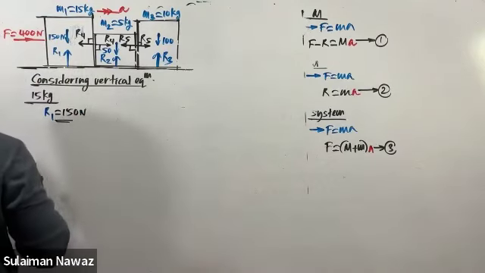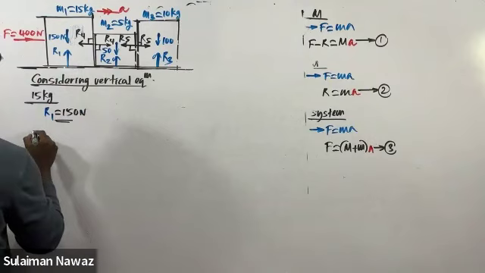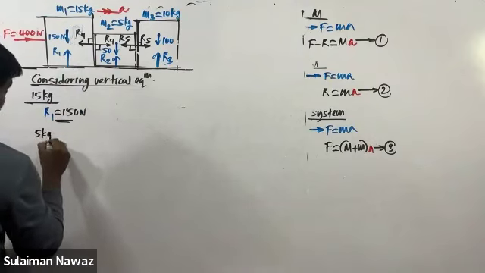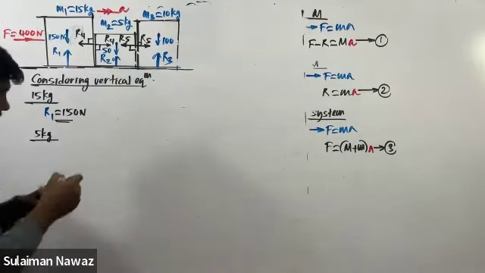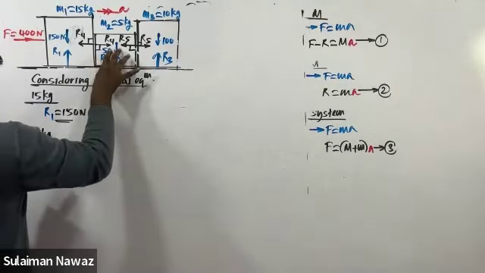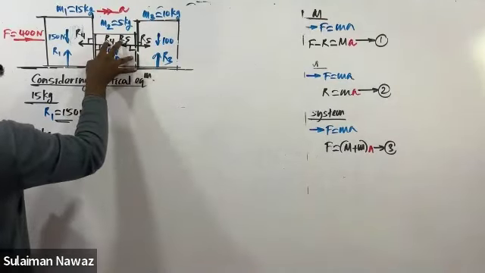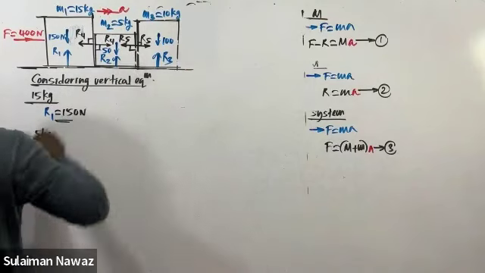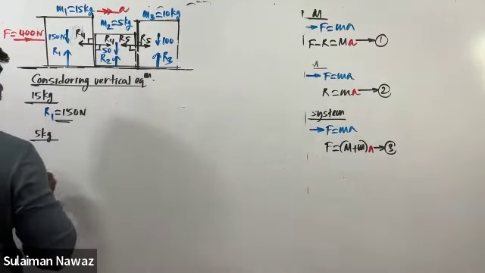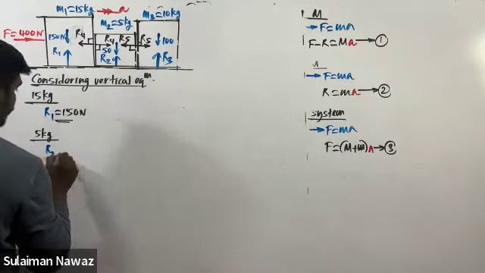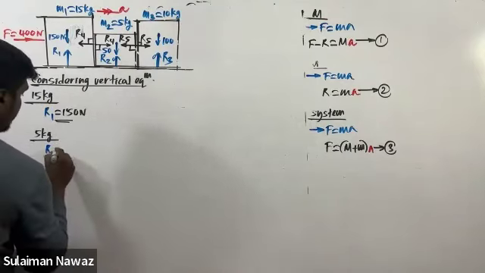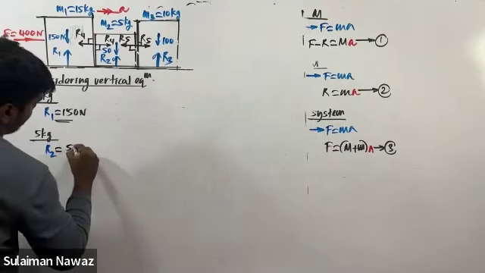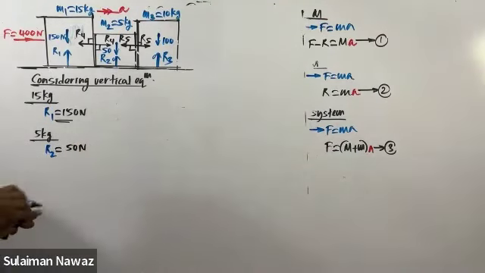If I consider the 5 kilograms, there are only two vertical forces on the 5 kilogram mass also. R2 must be equal to 50 newtons.